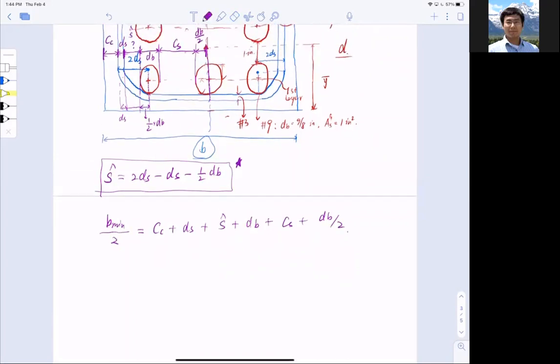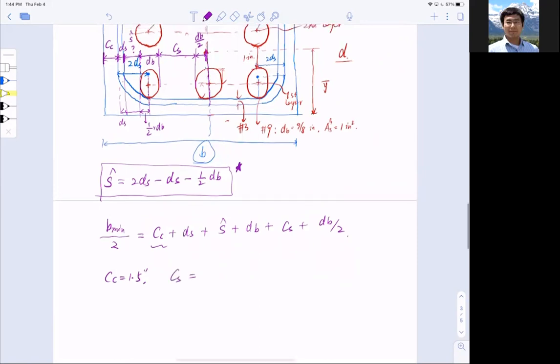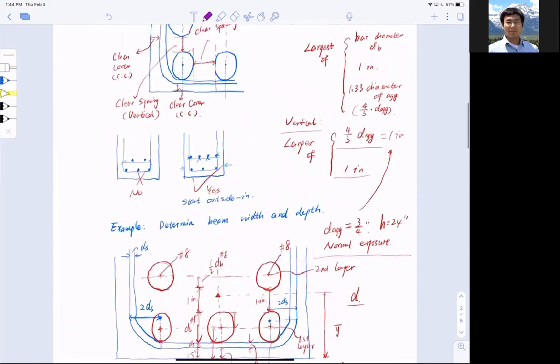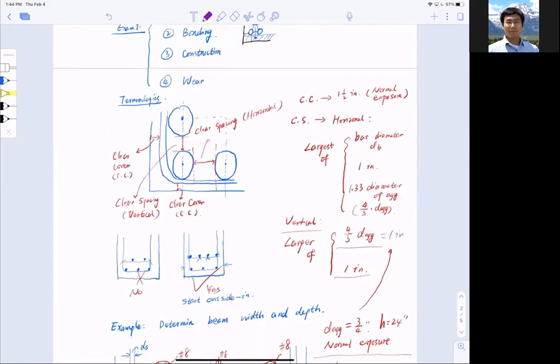Here CC I know. CC equals 1.5 inch, normal concrete exposure. What is CS? Go back. We said CS is the concrete clear cover in the horizontal direction, and that is the largest of the bar diameter, 1 inch, or 4/3 dagg. I'm just going to copy this down here.